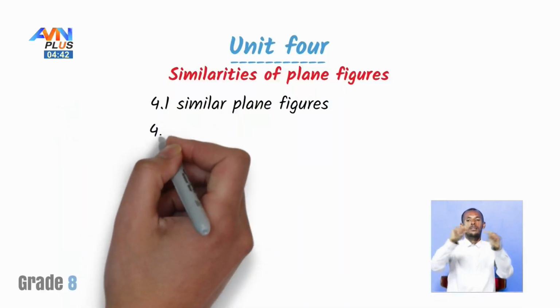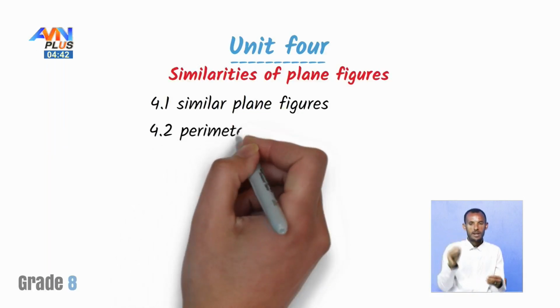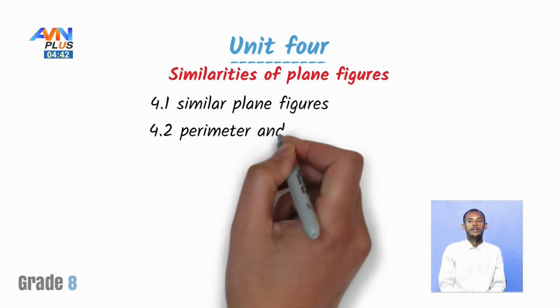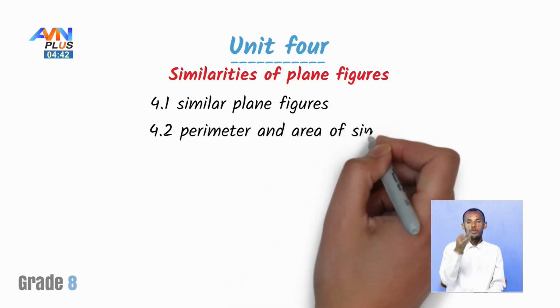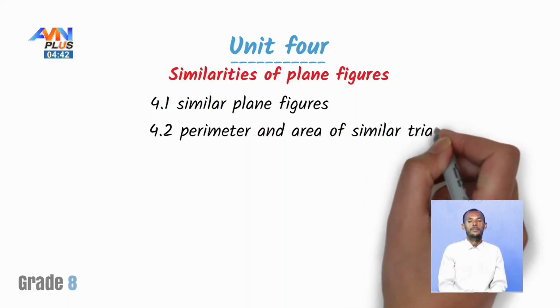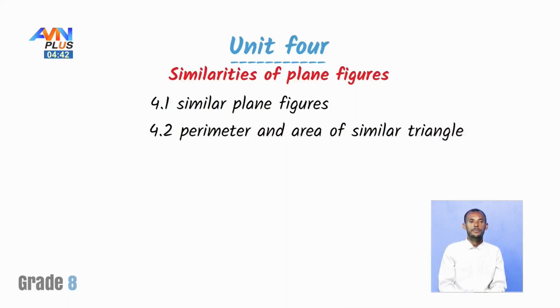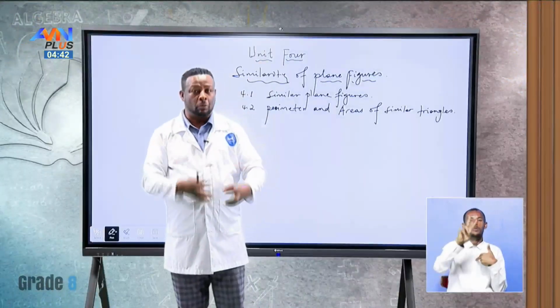Okay, perimeter and areas of similar triangles. So in this unit, we have two major subtopics.